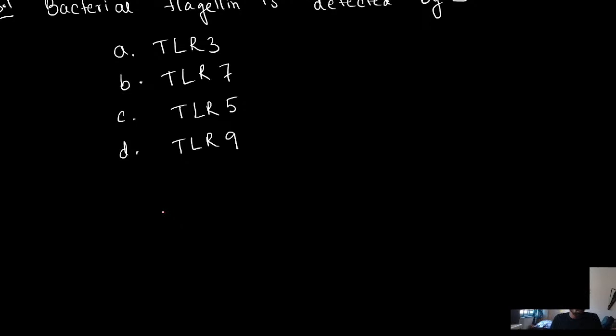Can you please quickly answer this question? Bacterial flagellin is detected by TLR3, TLR7, TLR5. Quick, guys, please do it, hurry.